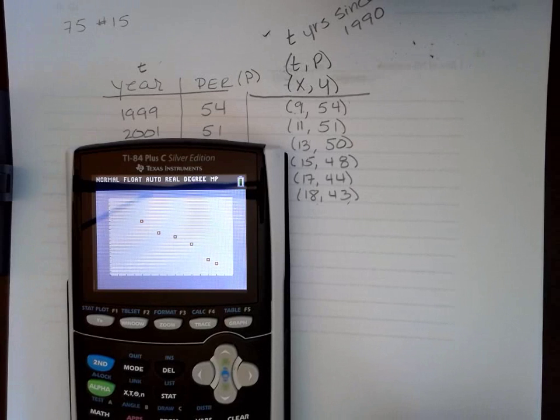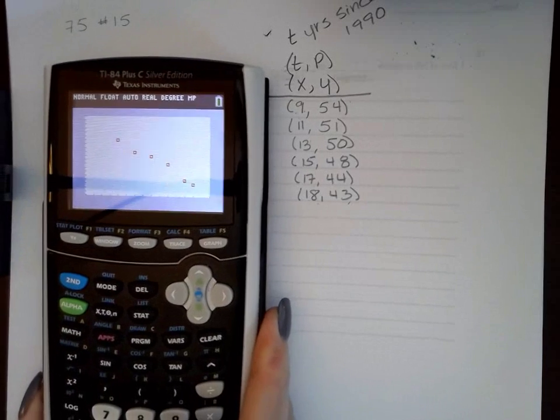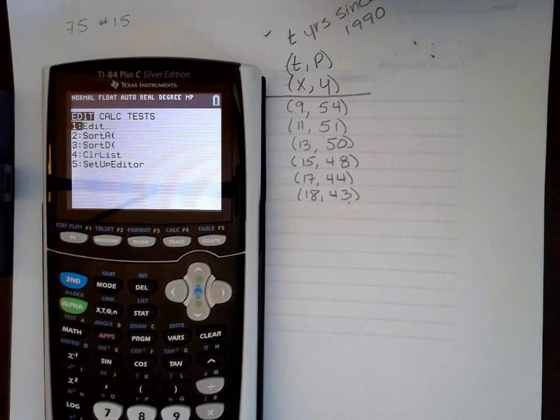The next part of the question asks us to find an equation of a line to model the data. So to find a line to model the data, we're going to use our calculator instead of having to draw the scattergram and graph it. And so to do that, I'm going to go back and hit the stat button again.